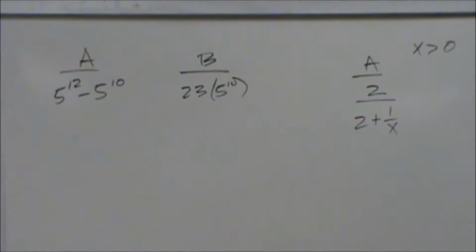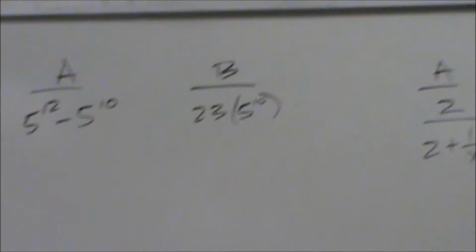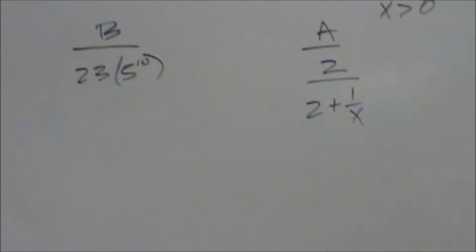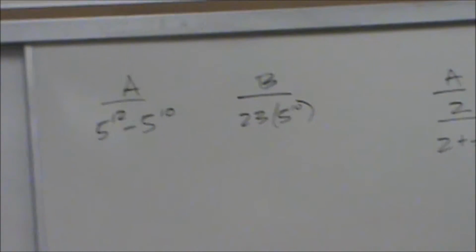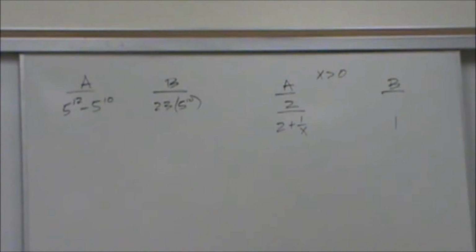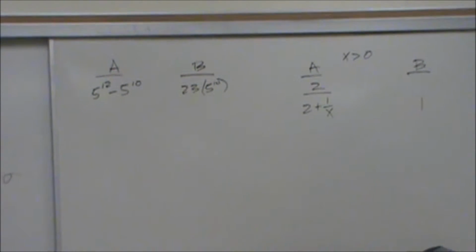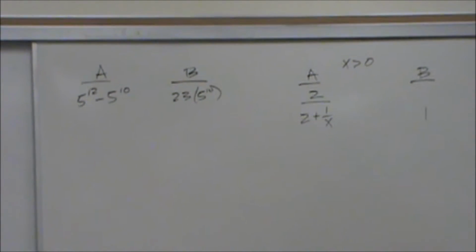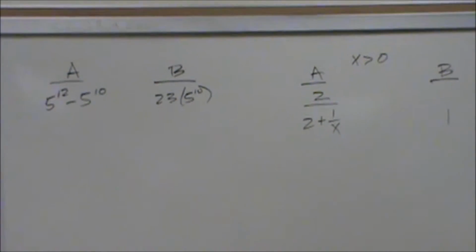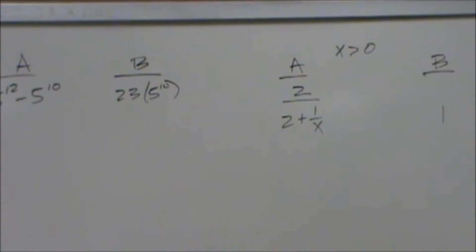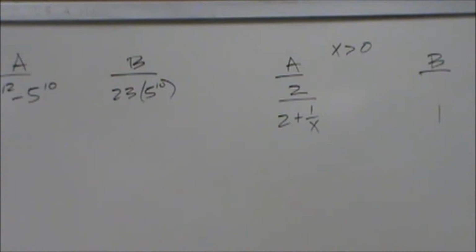You make me so nervous. Yeah? B is bigger. Alright, okay, for the first one now. Which one is bigger? What do you think? Actually, the answer is A is bigger.